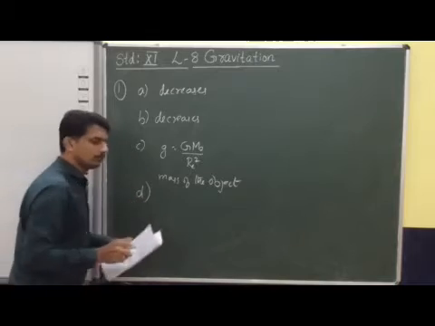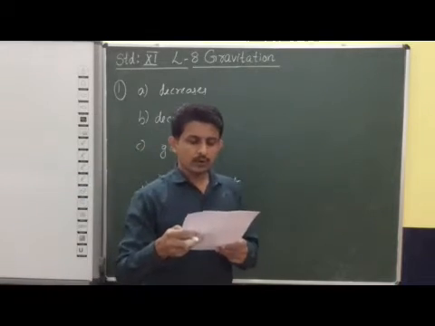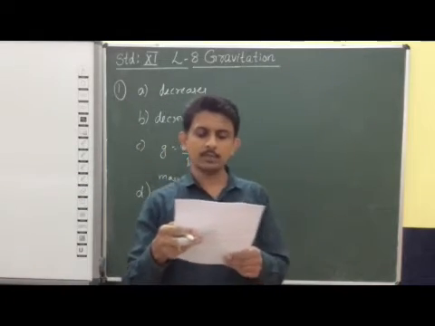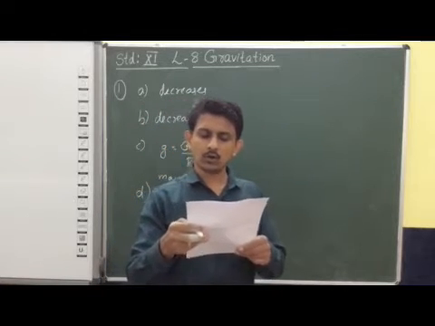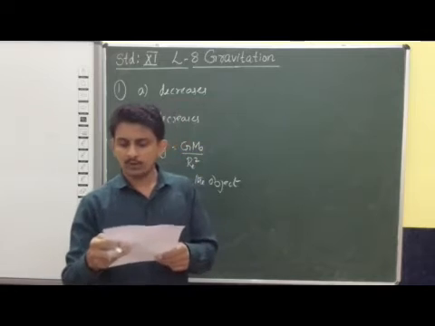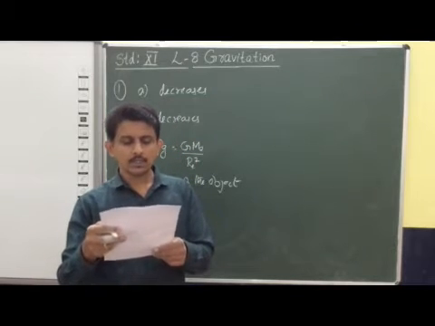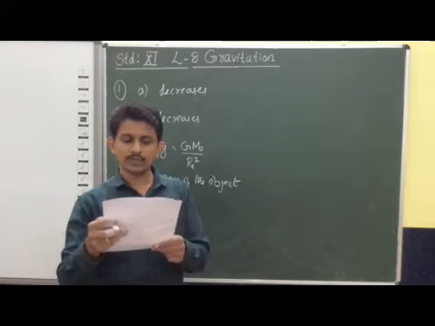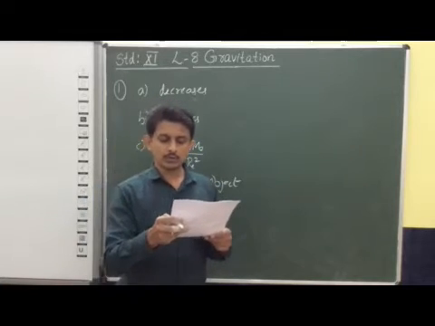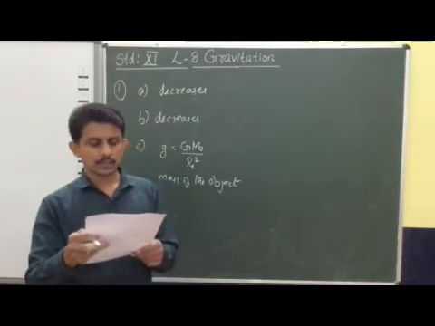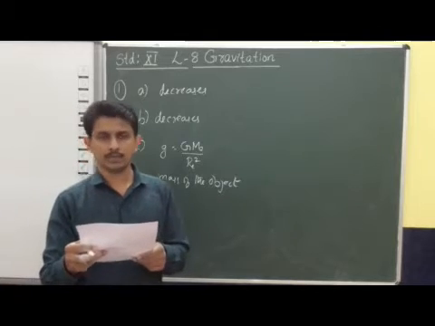Now the fourth option: is the formula minus G M m times 1 by r2 minus 1 by r1 more or less accurate than the formula mg times r2 minus r1 for a difference of potential energy between the 2 points r2 and r1 at a distance away from the center of the earth?